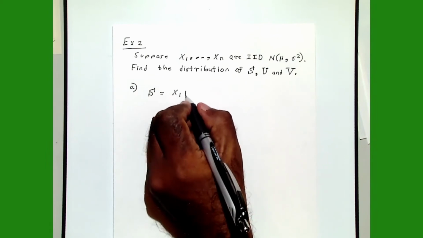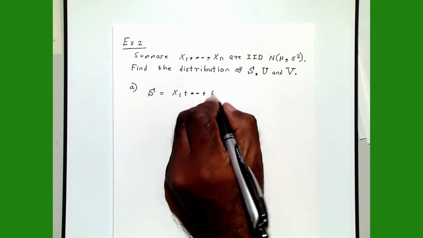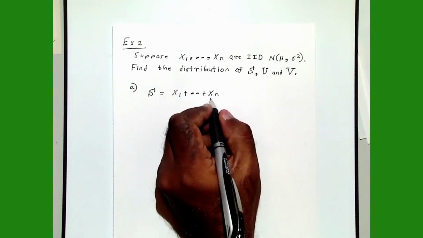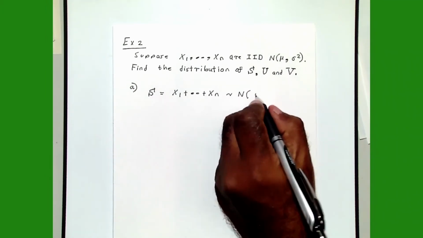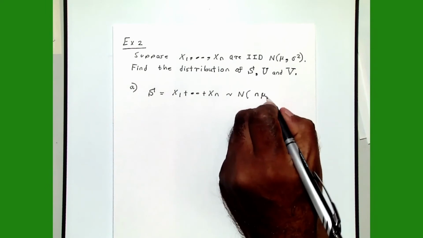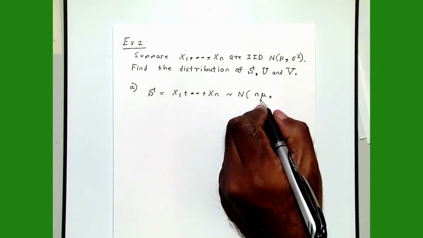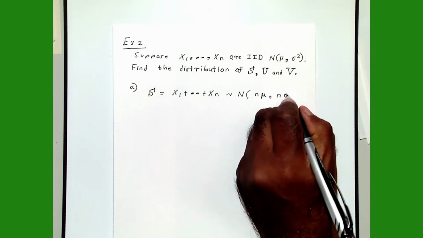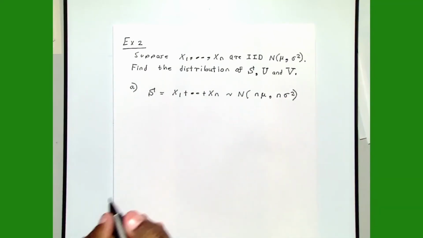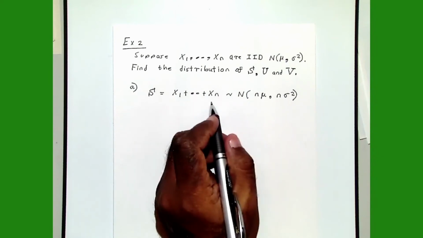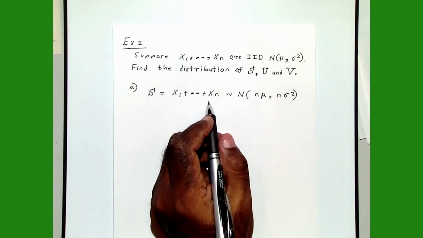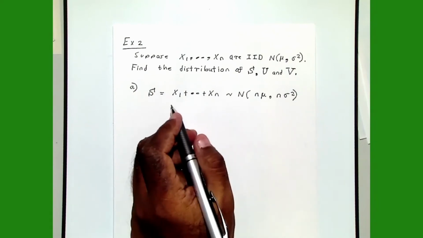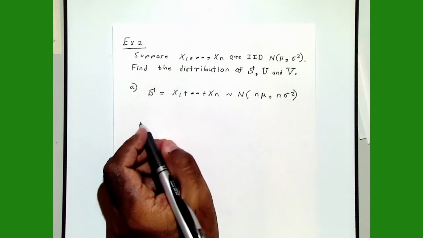So the sum of IID normal variables is also normally distributed with parameters, in this case, the mean being n mu, the variance being n sigma squared. You may remember this result from the courses you have taken in the past, right?